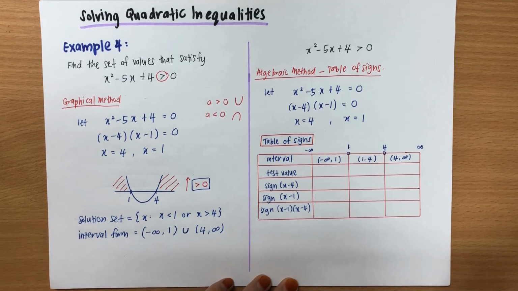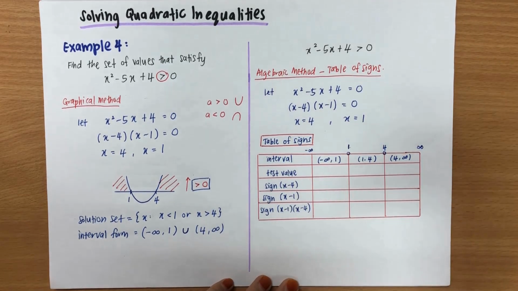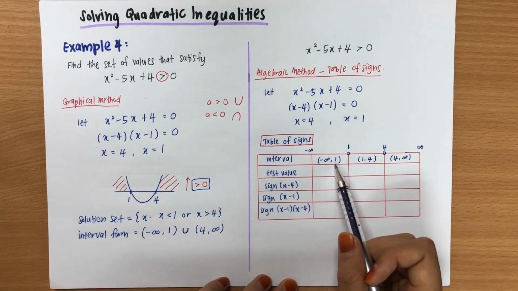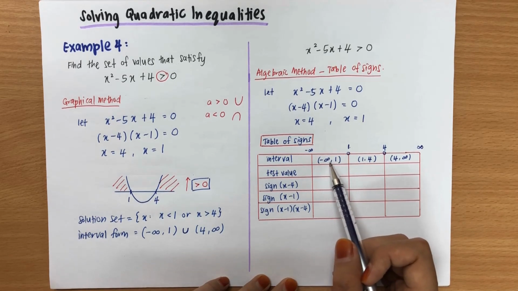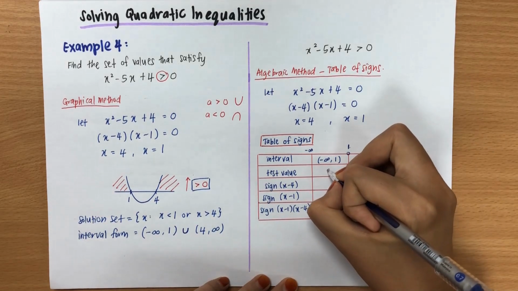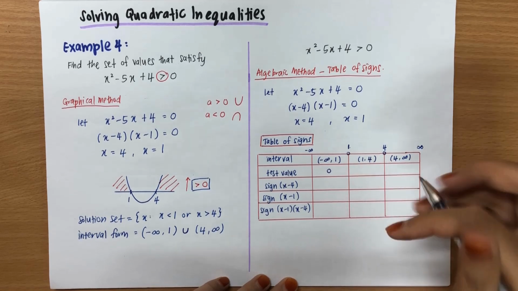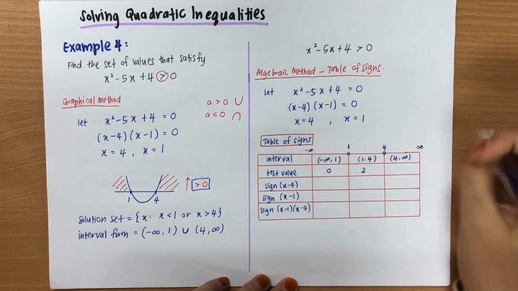Now we need to decide on one test value to check the sign of the expressions that we have. You have to take a test value that is inside each interval. Between negative infinity and 1, we can take 0. Between 1 and 4, let's take 2.